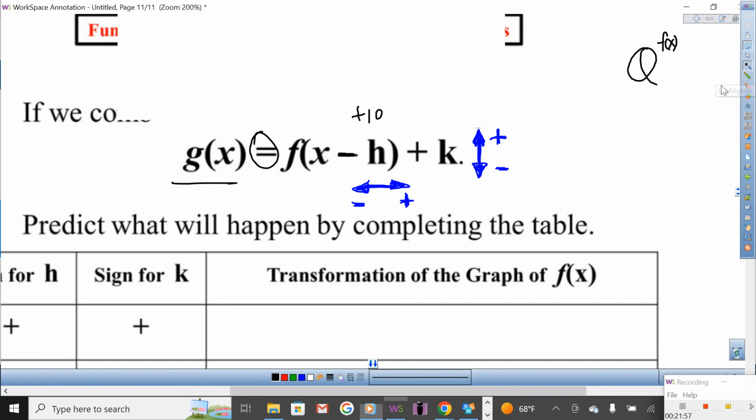Ready? I want to move this 2 steps to the left and 3 steps down. Talk to your neighbor, let them know what goes where.